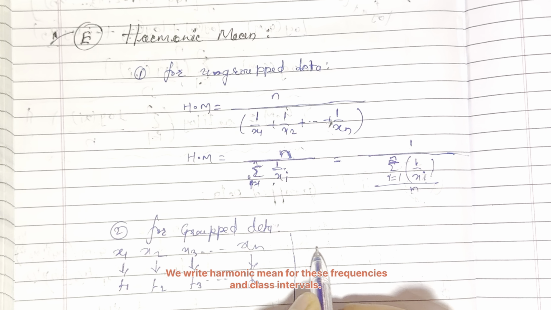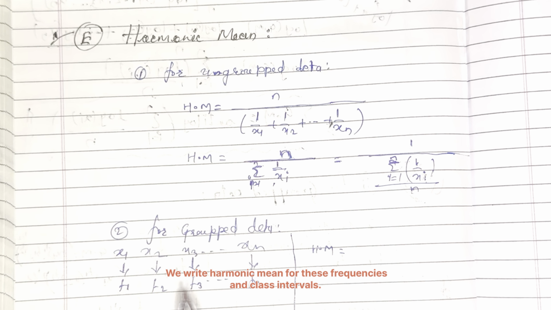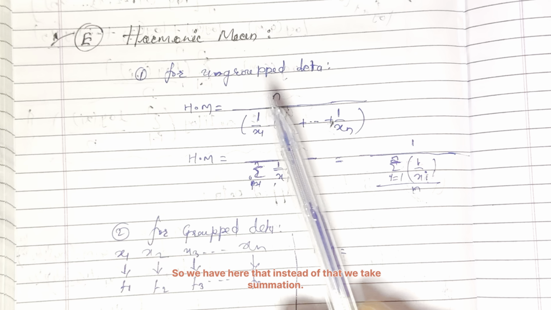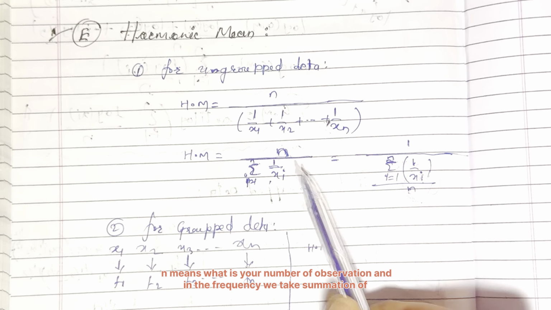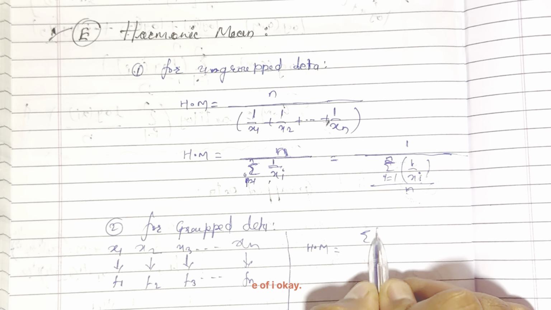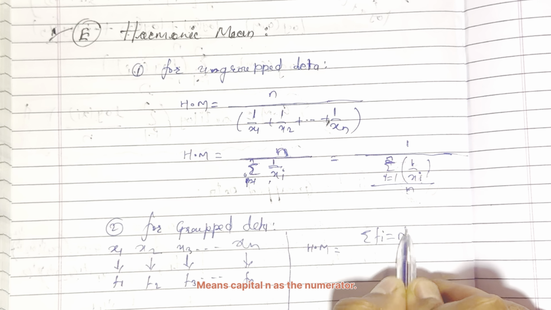We write the harmonic mean for these frequencies and class intervals. Instead of n we take the summation of fi. Here n means the number of observations, and in the frequency case we take the summation of fi, which means capital N as the numerator.